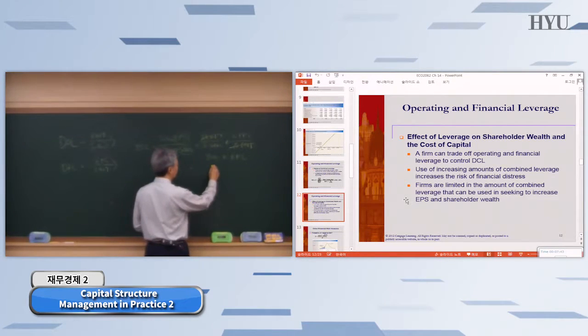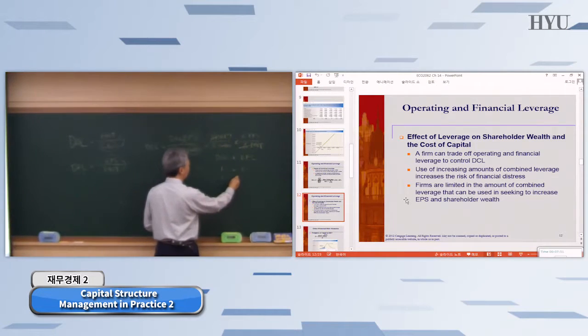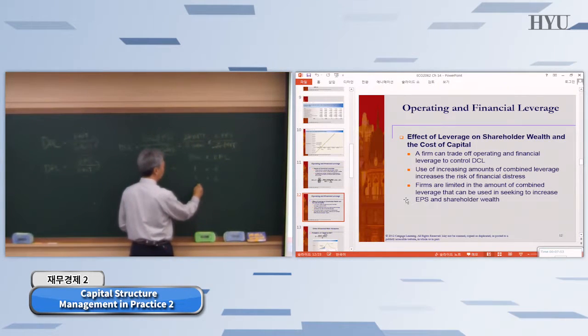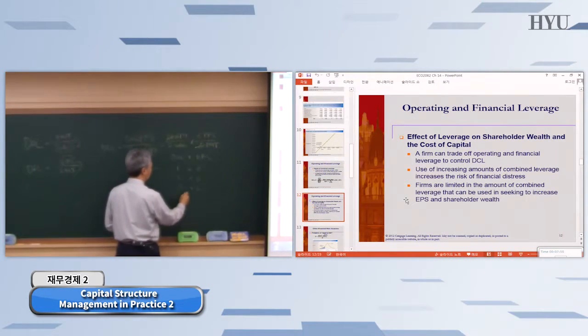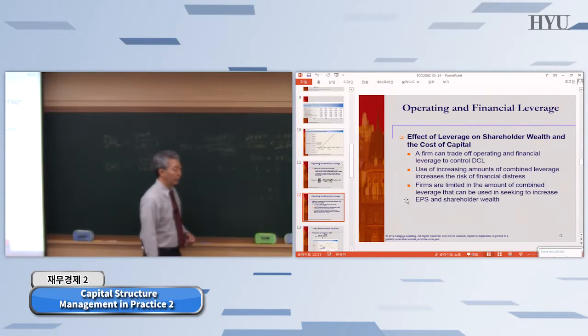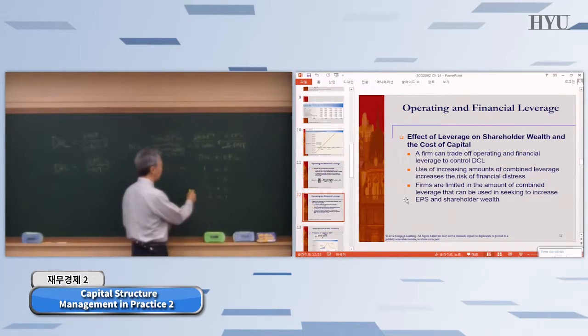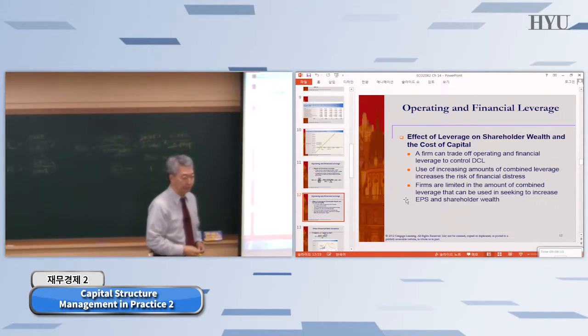You can have 1 for DOL times 6 for DFL, or 2 and 3, or 3 and 2, or 6 times 1. This is what we mean by trade-off between DOL and DFL, to achieve a certain desired level of degree of combined leverage.